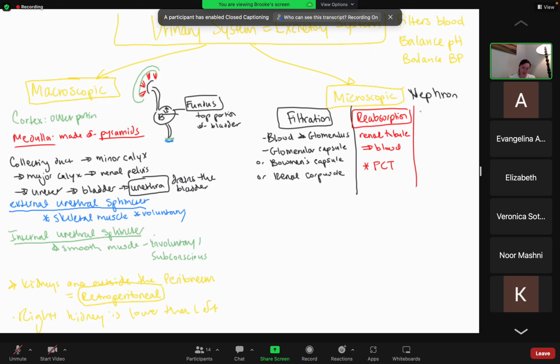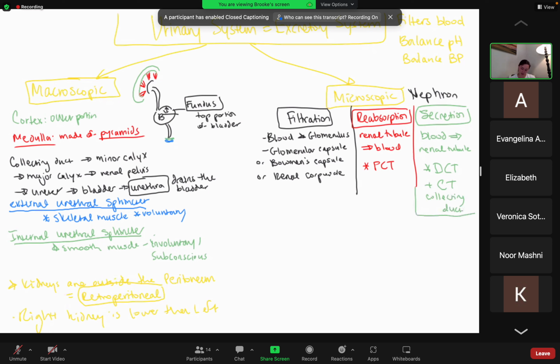Not all of it, but most of it. Secretion is from the blood back into the renal tubule. This is like if too much was reabsorbed, we would put some back, and this is the majority happening in the distal convoluted tubule. And we say CT, referencing collecting duct.